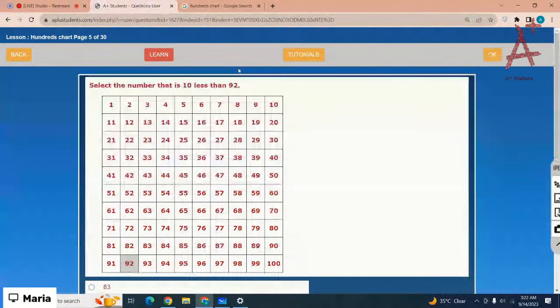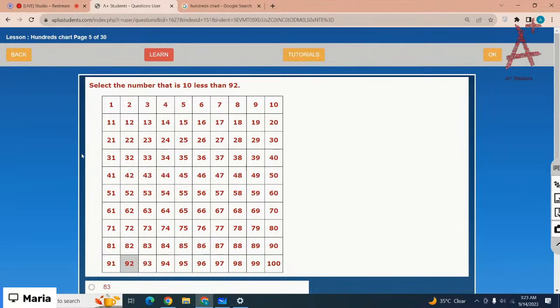Select the number that is 10 less than 92. So which option is the correct one? Which is 10 less than 92? 10 less means you have to go up, right?